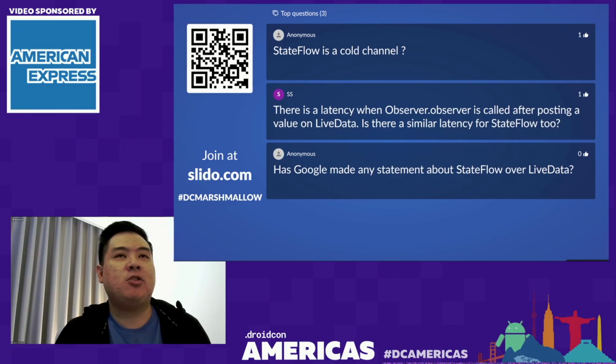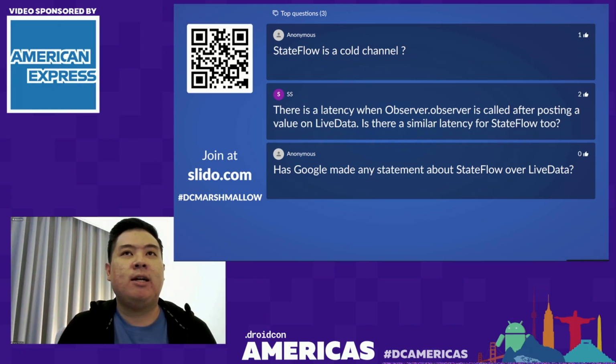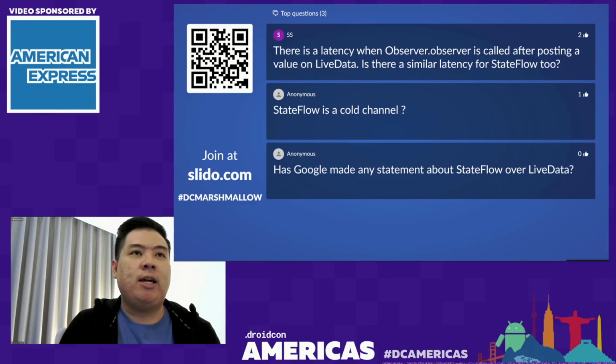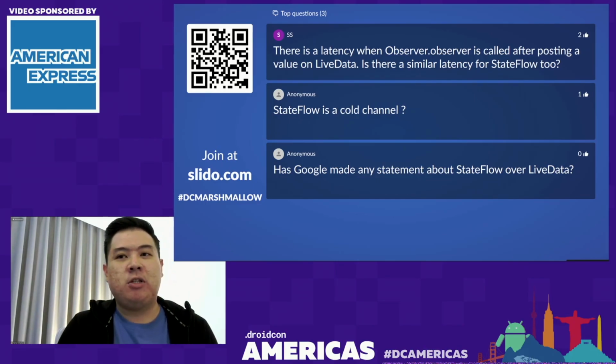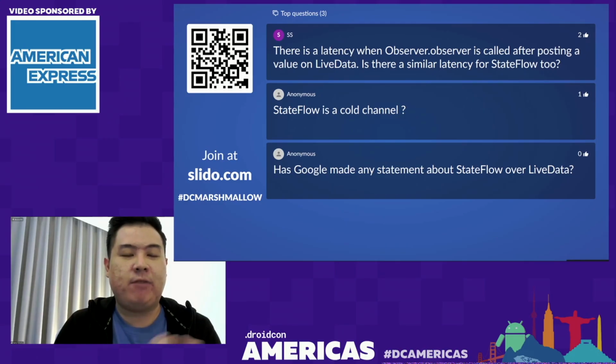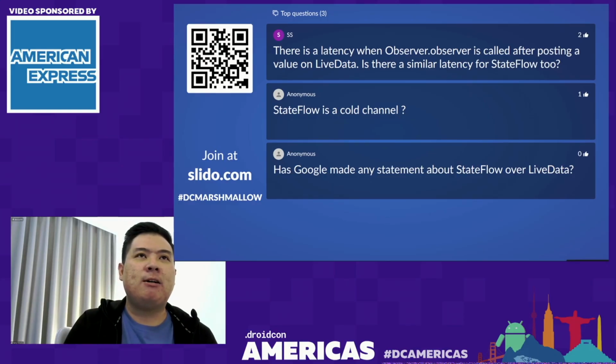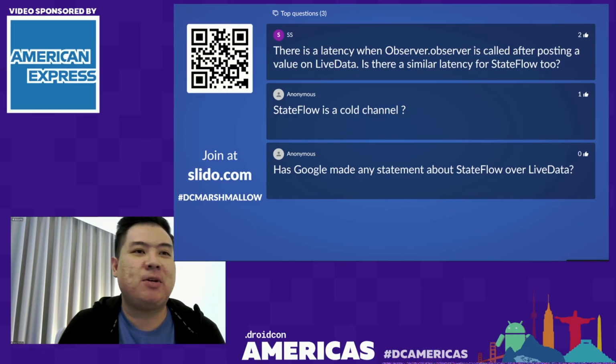At first, it was introduced in Coroutines 1.3.6 as a direct subclass of flow, and then in Coroutines 1.4, the definition changed from a direct subclass of flow into a direct subclass of shared flow. So they introduced a man in the middle: shared flow, which is a subclass of flow. So to say whether it is a hot channel, I don't think so. I don't think it's a channel, and I don't think it's that hot actually.